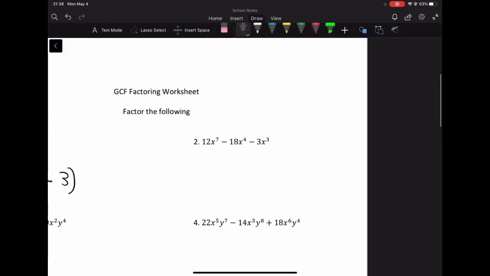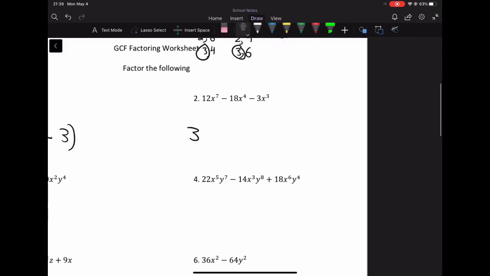Question number 2. Let's take a look at all three terms. We got 12, 18, and 3. So 3 is just going to be 3 and 1. 18 is going to be 1 and 18, 2 and 9, and 3 and 6. 12, we know from the last one, 1 and 12, 2 and 6, 3 and 4. GCF here is going to be 3.